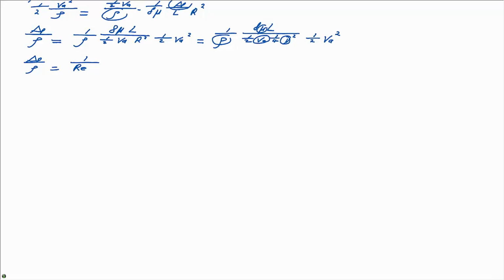Dividing by this fraction is multiplying with the reverse, so we get 8 times 8 on top, which is 64. Then we have left L, and still D is left, and we have a half times VA squared.